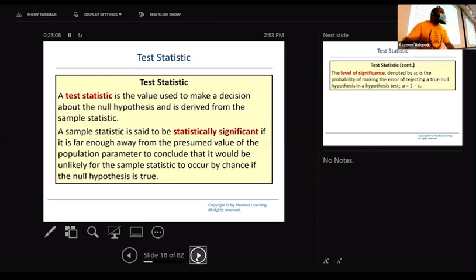But right now, we have different kinds of tests that can be conducted. If I want to conduct a test on the population mean, the question now is whether the population standard deviation is known. If it is known, then I'm going to use a z-test. If it is not known, then I'm going to use a t-test.